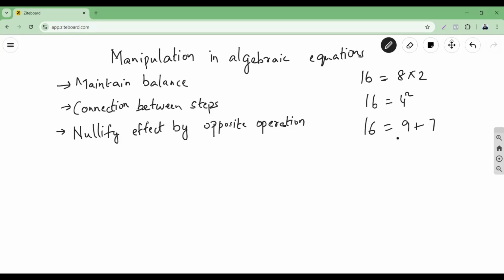Now, why are we doing it in different ways? Because 9 is a perfect square plus something. Or you can write 16 as only a perfect square. Or sometimes you might require to use 16 as a product of two factors. So depending on the situation, the same 16 can take different forms.